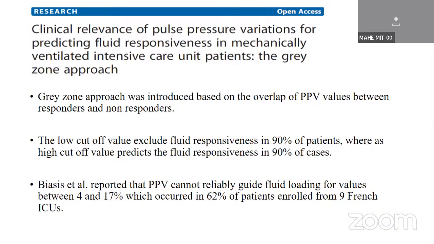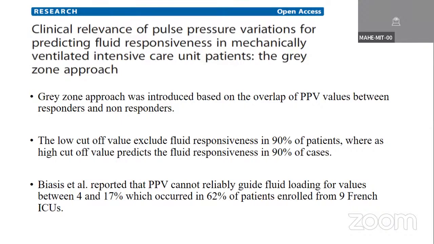Biais et al. also did a study using PPV for fluid responsiveness, and he also told that values between 4 to 17 occurred in 62% of the patients in the 9 French ICUs which he had studied.